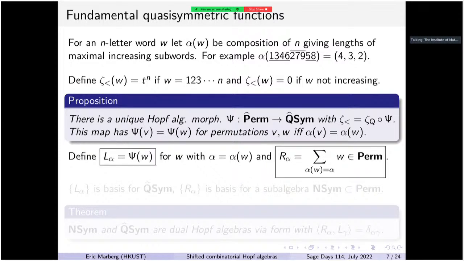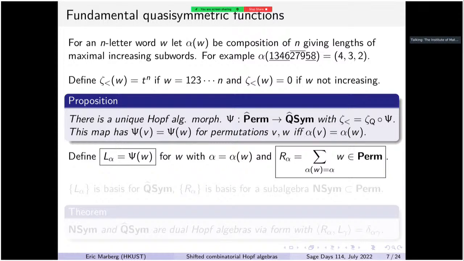And so we define L alpha to be the image of any permutation W whose associated composition is alpha. This gives the so-called fundamental quasisymmetric functions, which is denoted by F in Sage, but I'm more partial to calling it L.